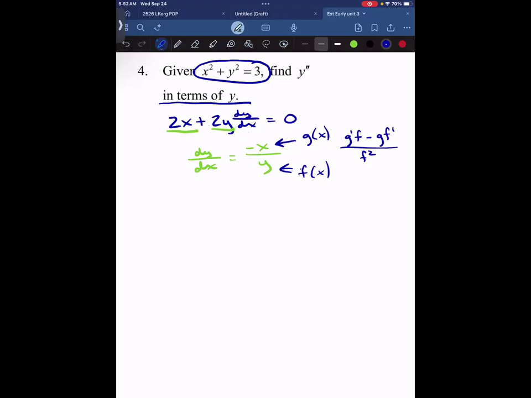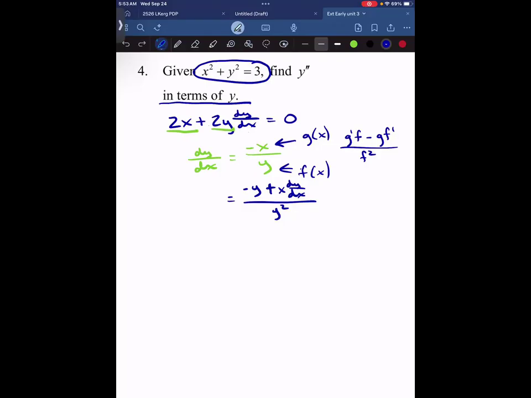Which is weird, because g is the top function in this one, but we take the derivative of the top first. So there you have it. We have negative y minus x dy/dx all over y squared. Oh, this would be plus because of that negative with the subtraction.